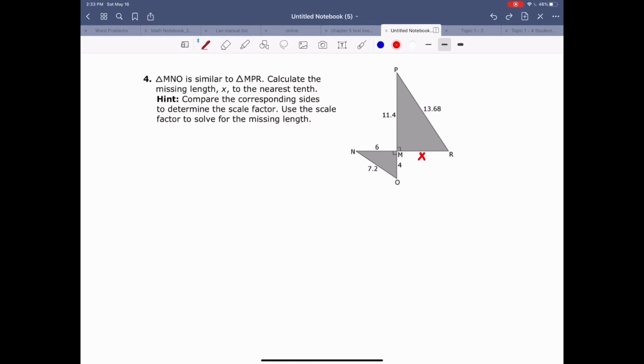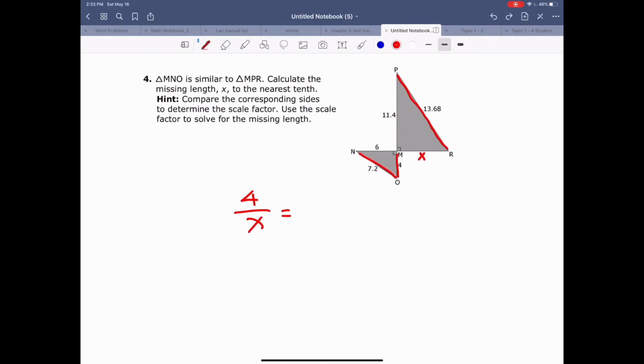You have to find corresponding sides. So what's the corresponding side of x? x is the shortest length of the triangle here, and the shortest length of this little similar triangle here is the 4, right? So 4 over x will give you a ratio which is the same as the longest side, the hypotenuse ratio.